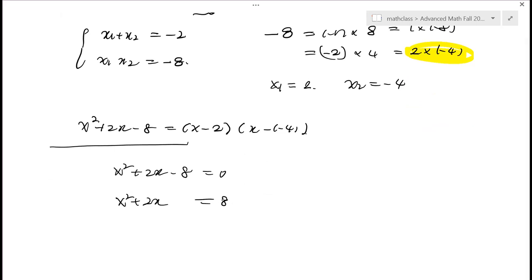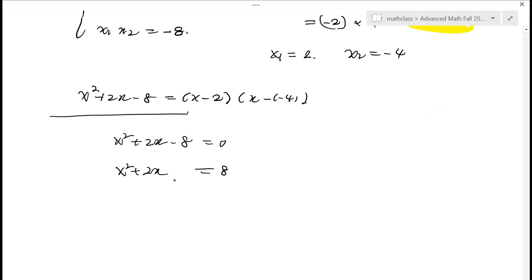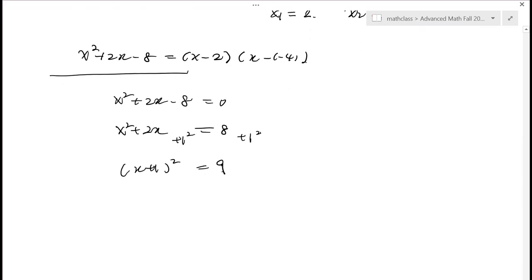Then you add 1 squared to both sides, right? So the left-hand side would be x plus 1 squared. The right-hand side is 9. 9 is 3 squared.